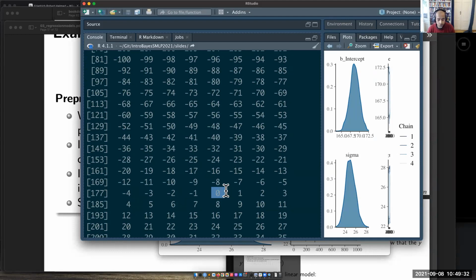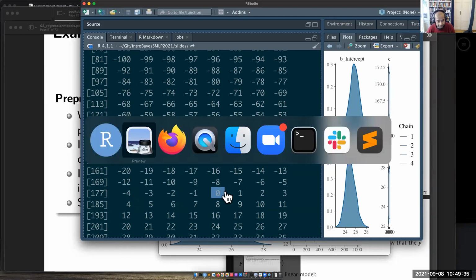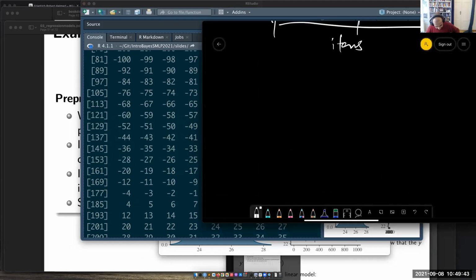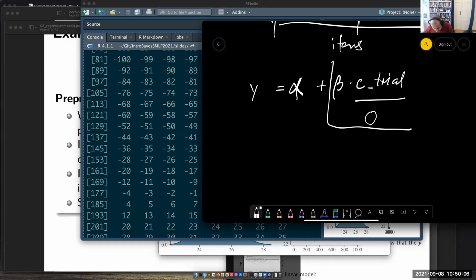Centering is a very useful thing to do. You should always do centering whenever you have a predictor, as a general rule. So when you center your data, if you have some data Y, and you've got your intercept, which I'll call alpha, and you've got the slope, and you've got centered trial ID. One reason why it's very useful to center the predictor is that when the trial ID is 0, this term will disappear, because it's multiplied with 0.